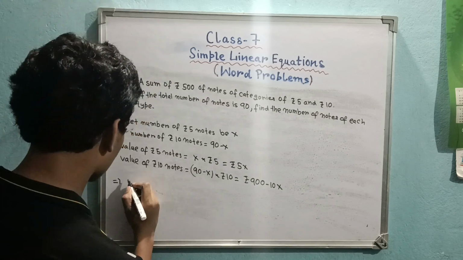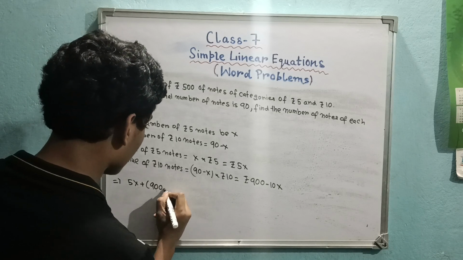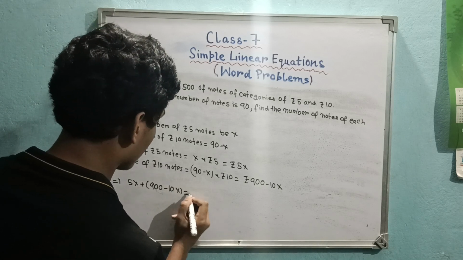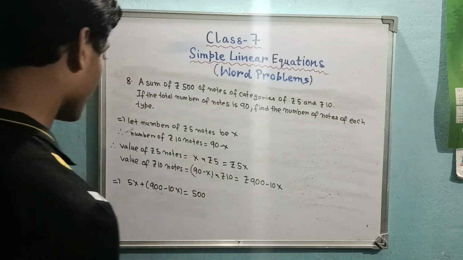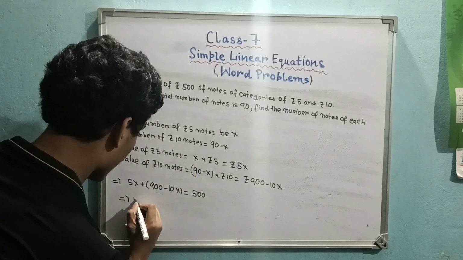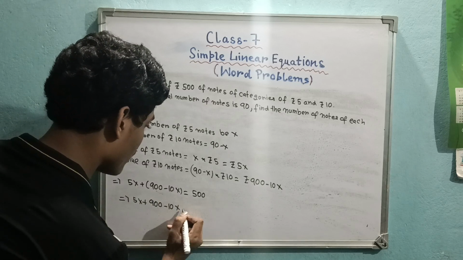So I can write 5x plus 900 minus 10x equal to 500. We have got the equation already.